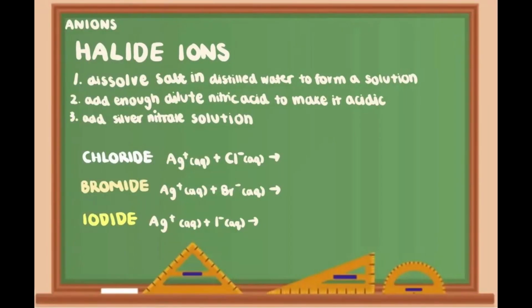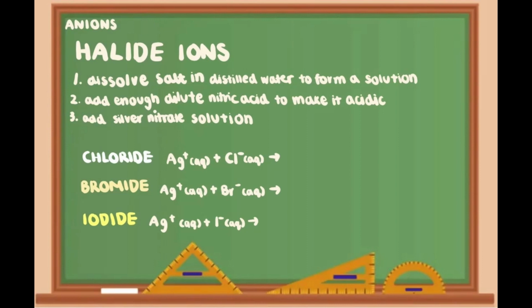Okay, more anions. So we know our halide ions. The first three are chloride, bromide, and iodide. For these, we are going to dissolve the salt in distilled water to form a solution, and then we're going to add enough dilute nitric acid to make it acidic. The reason we're acidifying the solution is to remove any impurities.